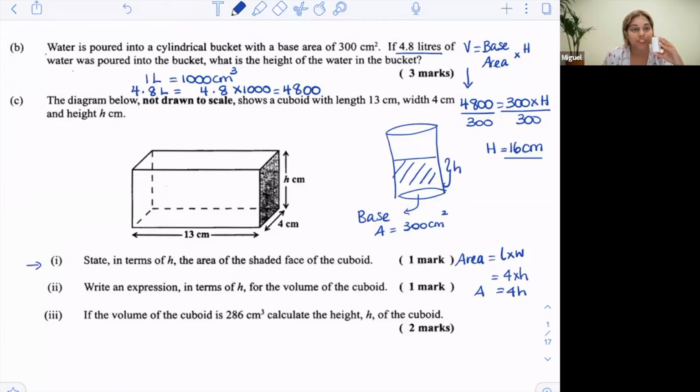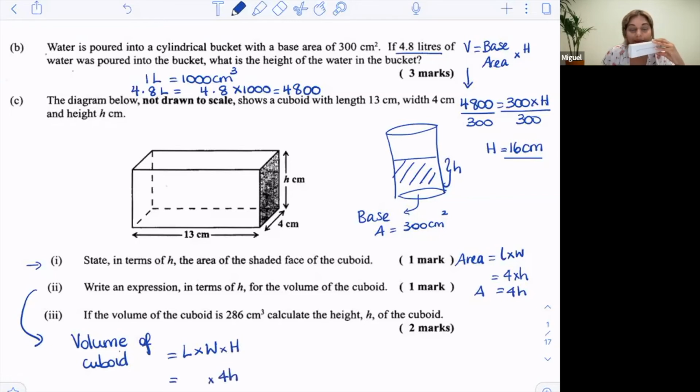Write an expression for volume. Volume for cuboid is length by breadth by height. So let's write that. Volume of a cuboid, L by W by H. We have 4H.